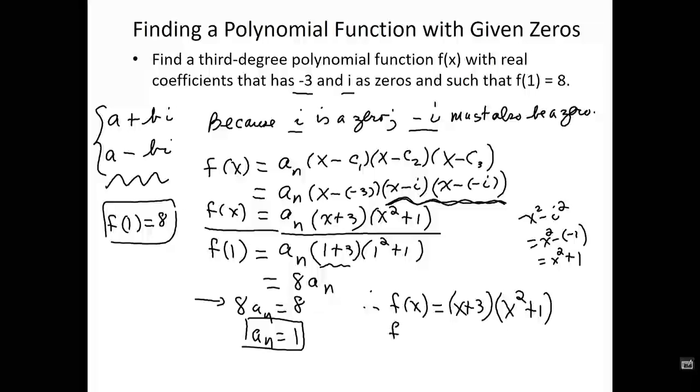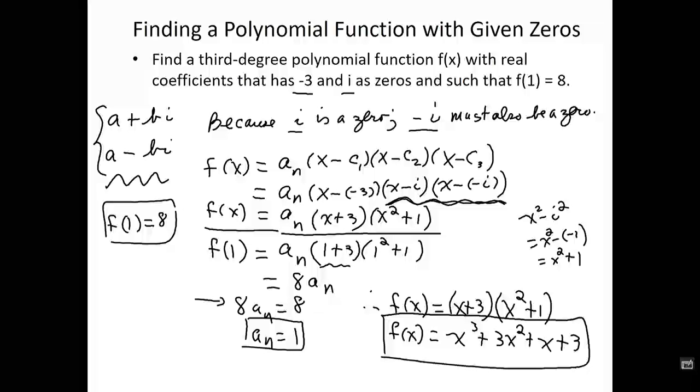We're going to multiply this out. You get x cubed plus 3x squared plus x plus 3. So we have found a third-degree polynomial function with real coefficients that has -3 and i as zeros.